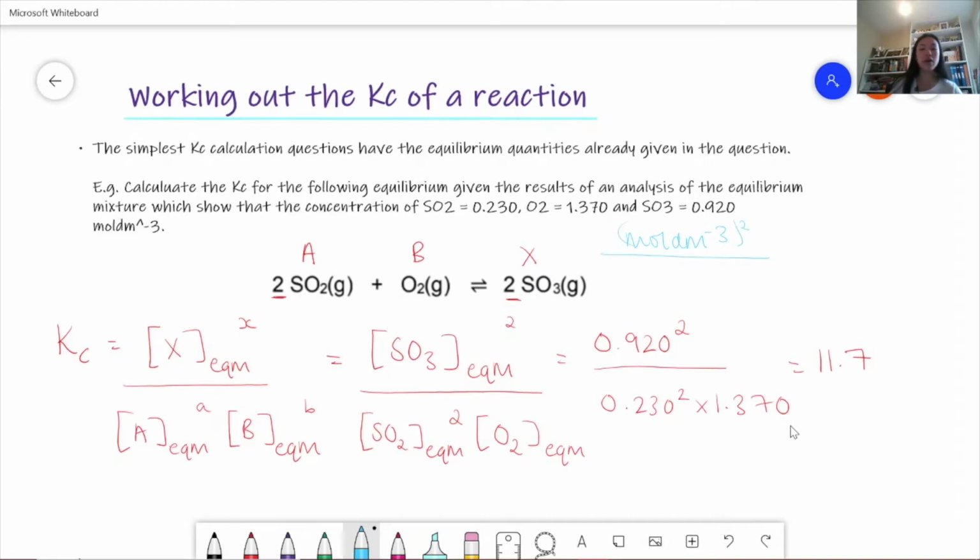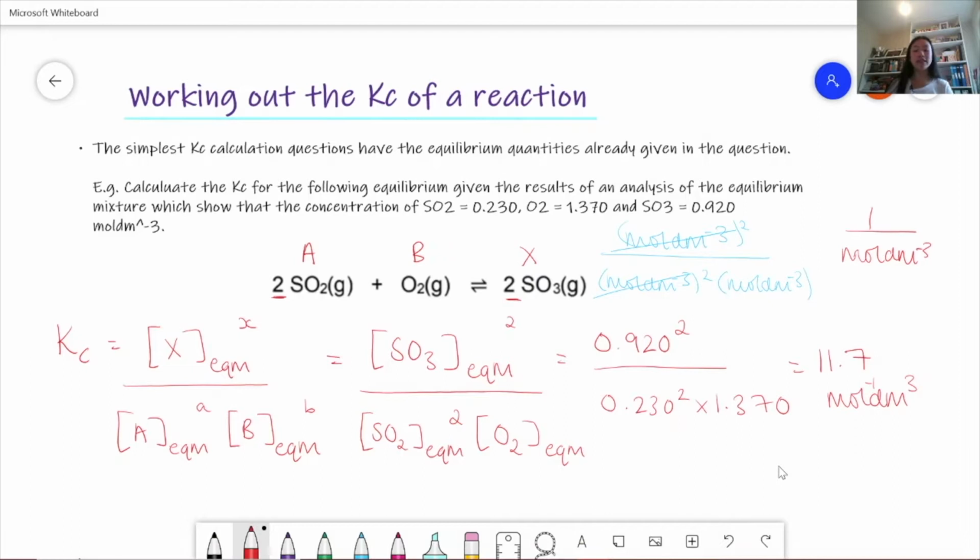And then on the bottom we have another moles per decimeters cubed squared and just a normal moles per decimeters cubed. And so then we cancel. I know that I can cancel this with this, and then we're just left with 1 over a mole per decimeters cubed. And so the units for this Kc are mole to the minus 1 decimeters cubed, because we have 1 over a mole per decimeters cubed.